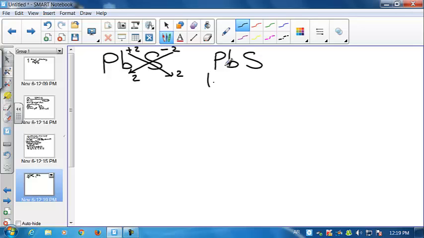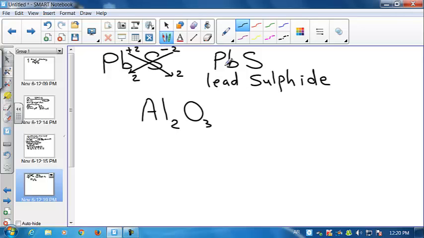How do we name it? The cation is named as it is. For sulfur we put the root, sulf, and then ide. And pay attention, because what I did here is very important. When I say aluminum oxide, Al2O3, if you change the subscript, you change the formula.